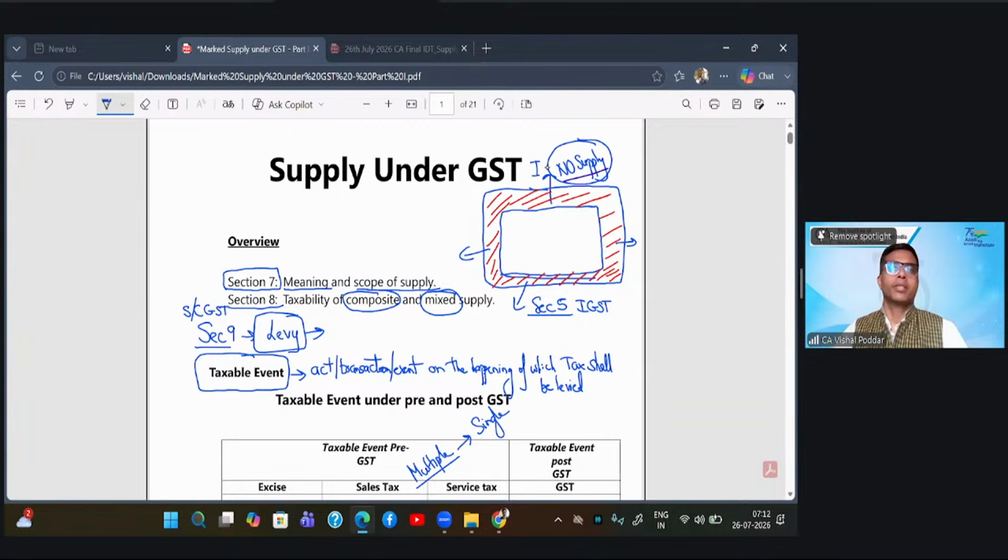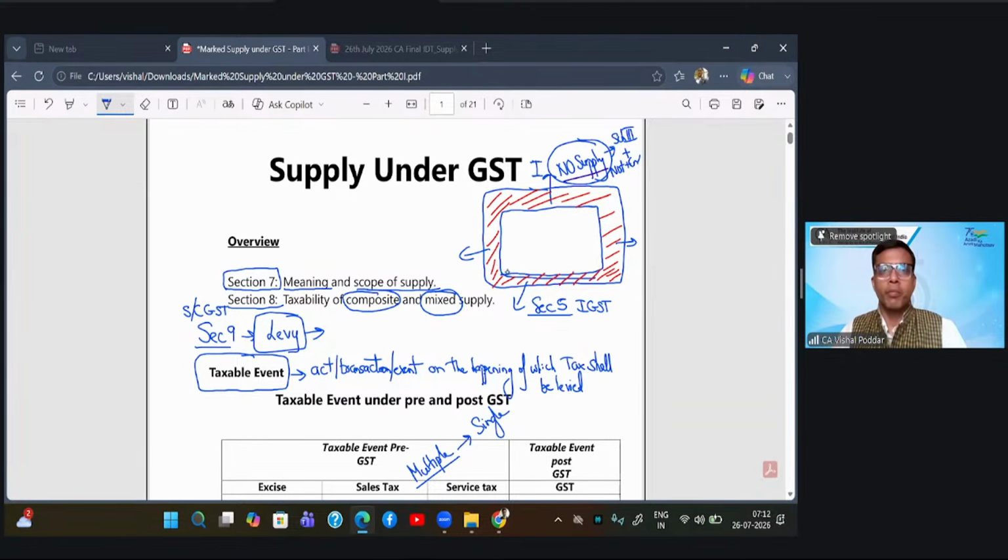Step one is determining what is kept outside GST by the legislature by putting it in a specific category called no supply. This is what we studied in Schedule 3 in the last class, plus some notifications and circulars. We determined what should not be supply as per the legislature.